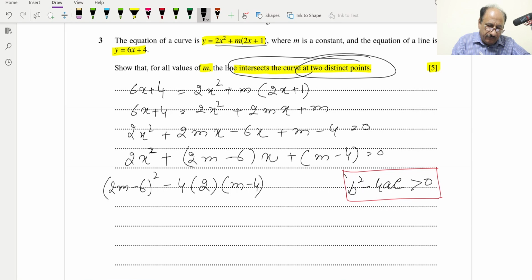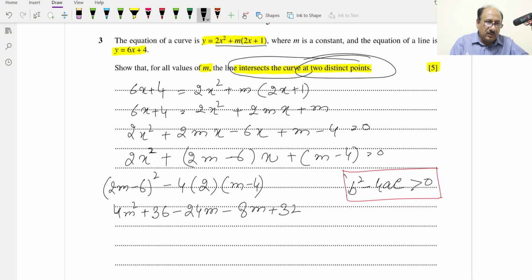So for the discriminant, we can open this square. This will be 4m squared, and plus 36, 6 squared will be 36, and minus 6 into 2 will be 12, 12 into 2 will be 24, 24m. And similarly this one also we can open, minus 8m, and plus 32.